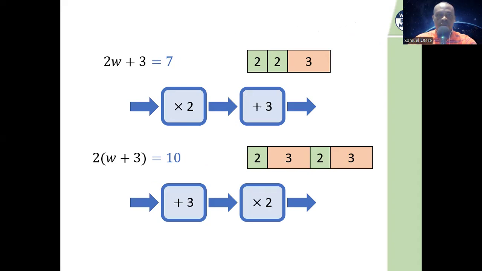So we multiply w by 2 before we add 3. Here, we put in w, we'll add 3 first before we multiply by 2. So really, when we work this out, by replacing the letters with the numbers, we get the same result.